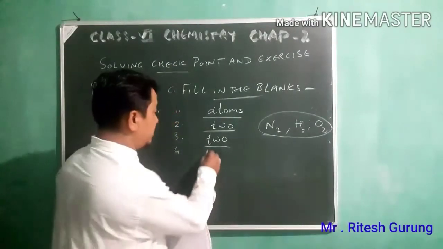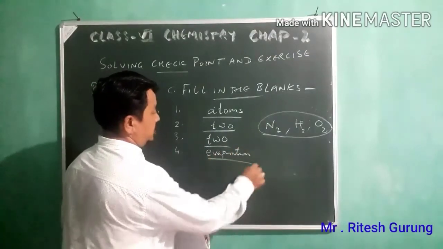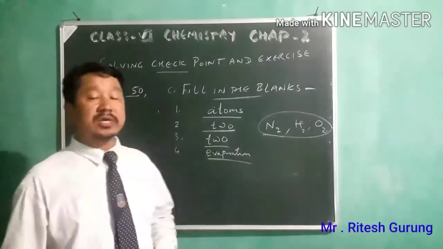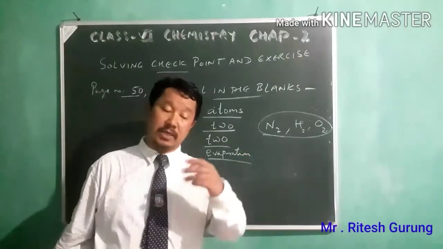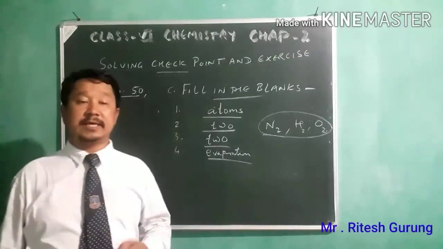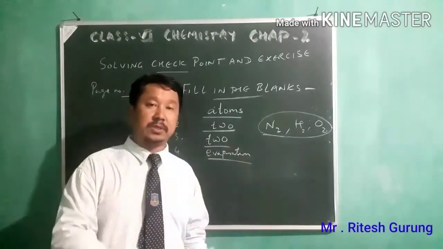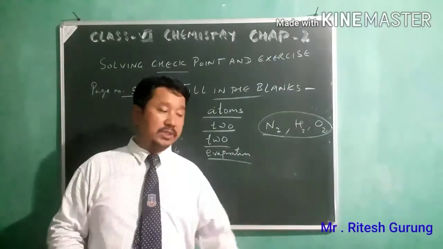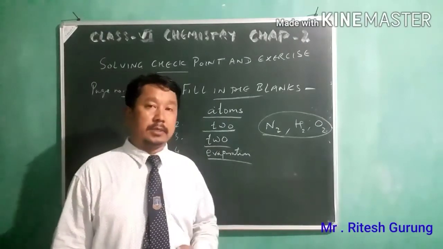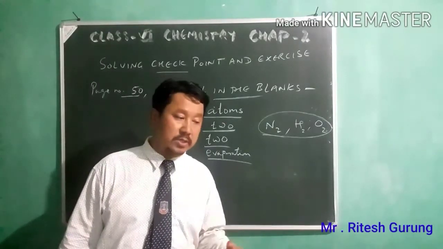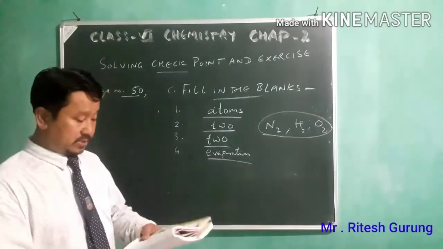E-V-A-P-O-R-A-T-I-O-N. When we talk about evaporation, last time I gave you the example that seawater is pumped into the land and allowed to get evaporated. The water content will all be evaporated, only the salt will remain there. So that is evaporation here.